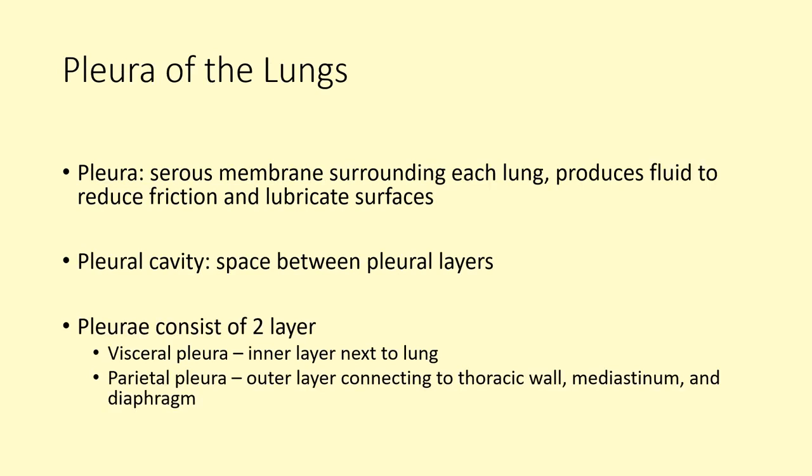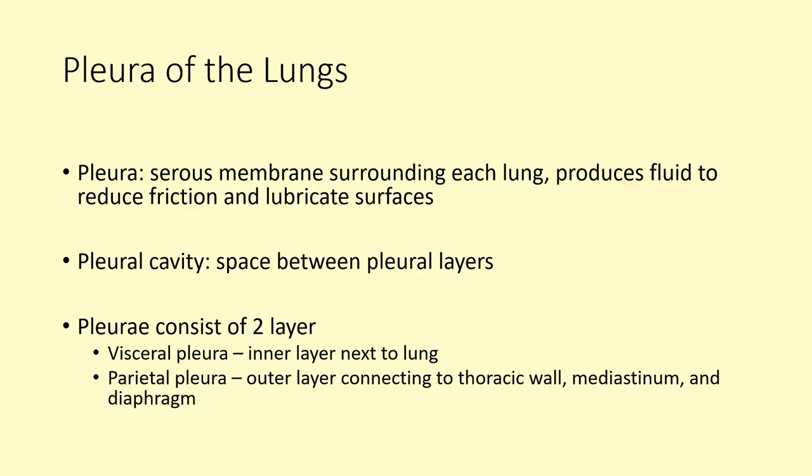The pleura of the lungs, remember, is the serous membrane, a type of connective tissue, surrounding each lung. It produces a fluid that helps to lubricate surfaces and reduce friction. The pleural cavity is the space between the two pleural layers, because you have two layers. You have the visceral pleura, which is the innermost layer, right next to the lung. And then the parietal layer is the outermost layer.